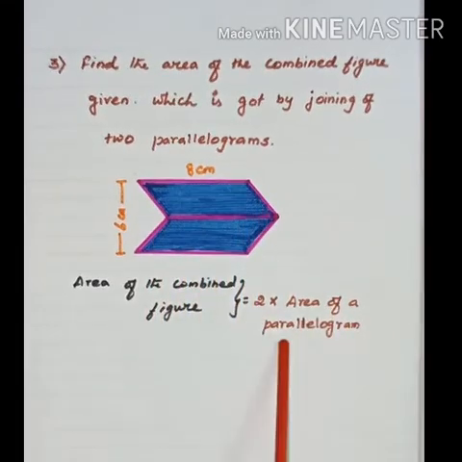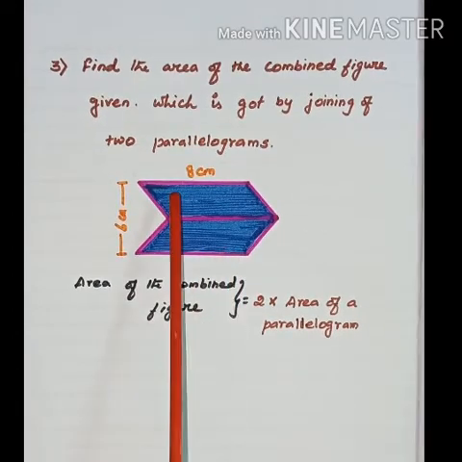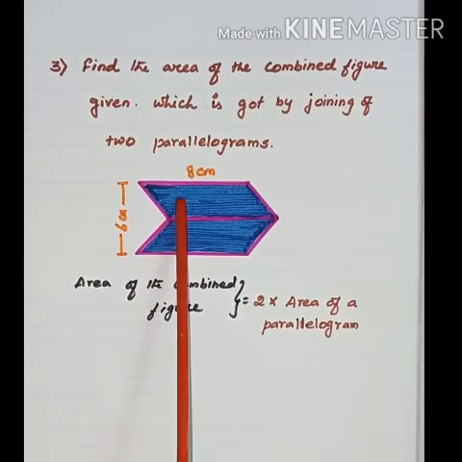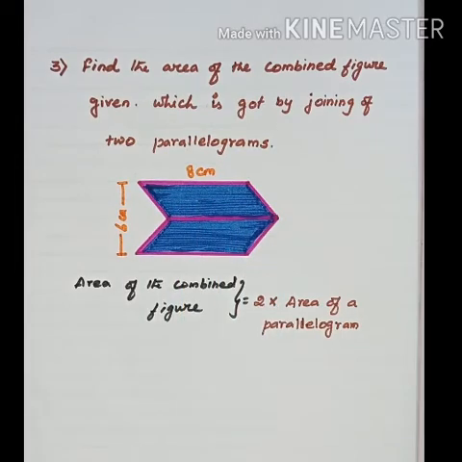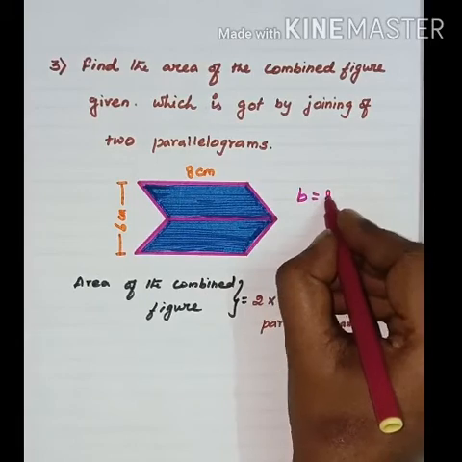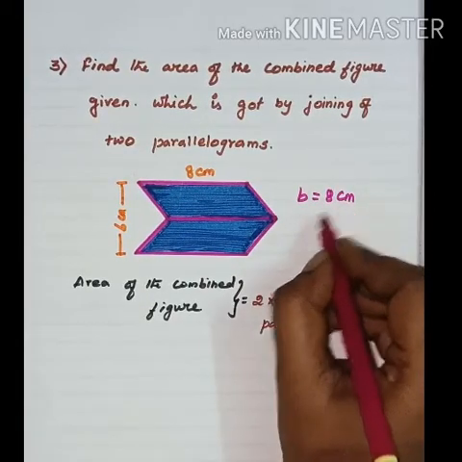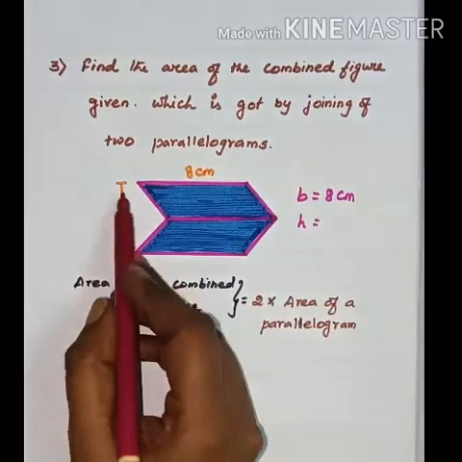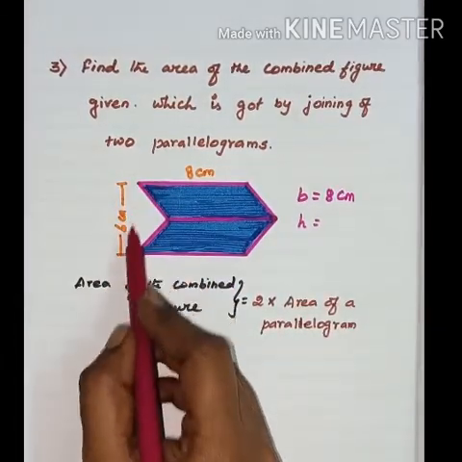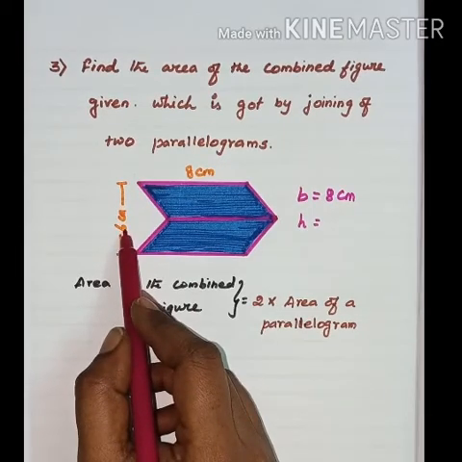area of the parallelogram. We know that the area of the parallelogram is nothing but B into H, that is base into height. Here the base is given as 8 centimeter. Here the total height is 6 centimeter.